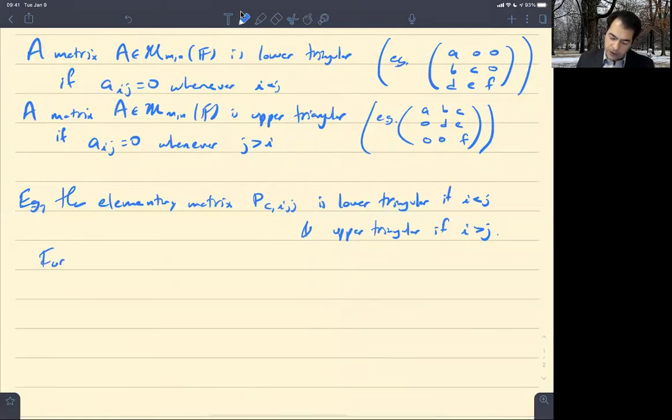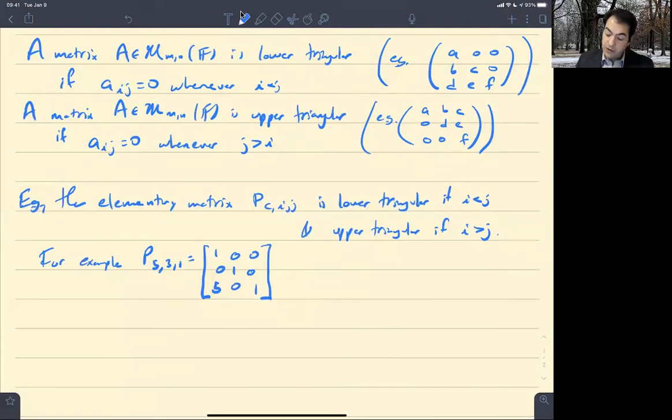So, for example, P531, which was the example we saw last time, this is lower triangular. I think I might have written that backwards. This is lower triangular, and i is bigger. Yes, these are backwards.